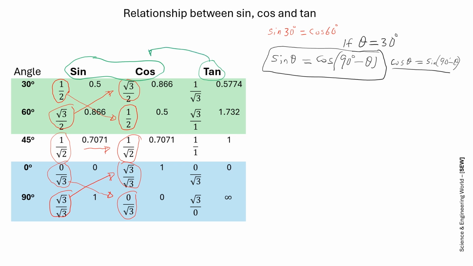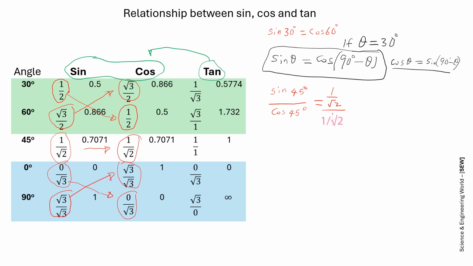Let's take a look at 45. So if I divide sine 45 by cos 45, then sine 45 degrees over cos 45 degrees will be equal to 1 over root 2 divided by 1 over root 2.